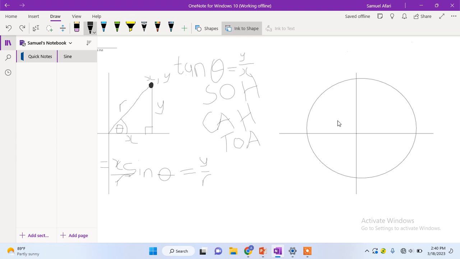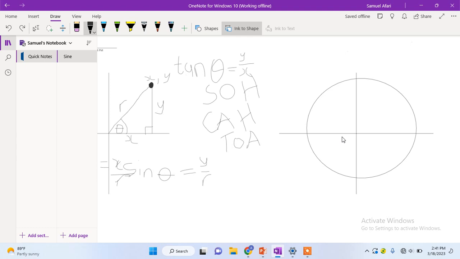One thing you have to take note of is that in trigonometry, when we are measuring angles, we start from the right side to the left side, or in other words, we measure angles in an anti-clockwise manner. You see the way the pencil moved, against the way the clock moves, or counterclockwise.